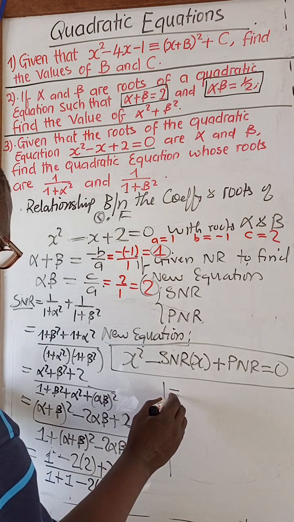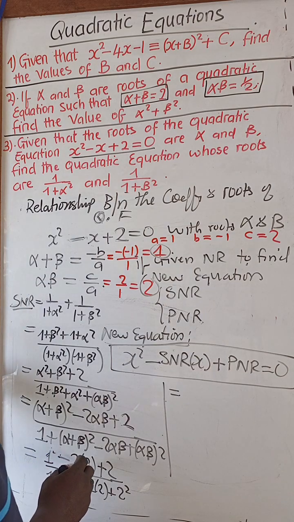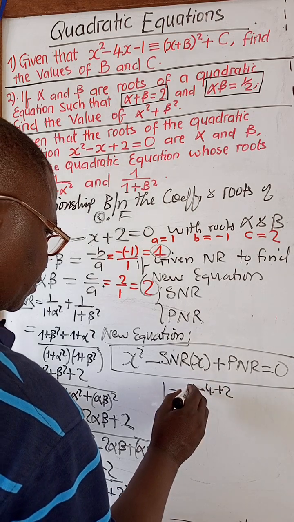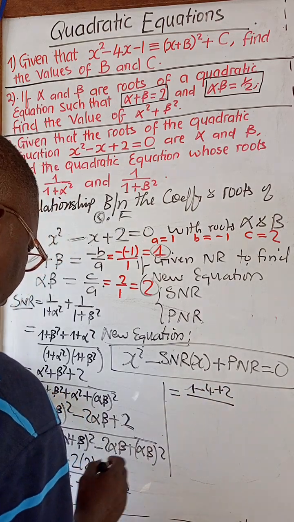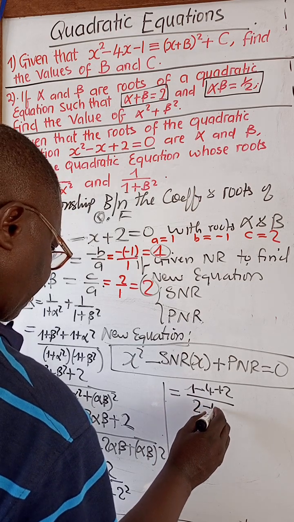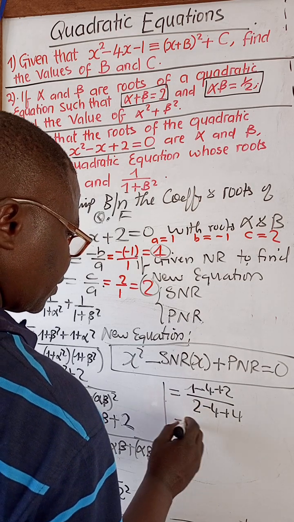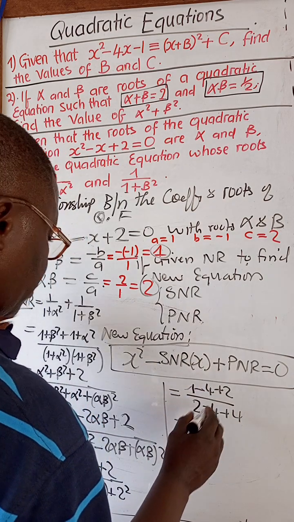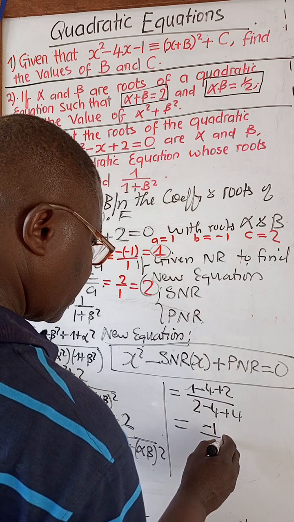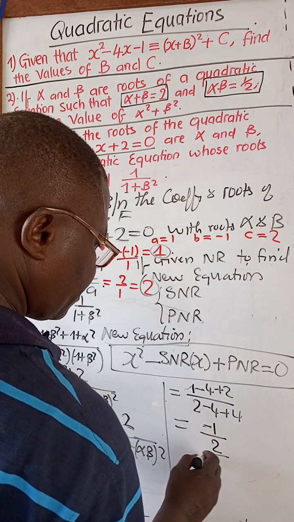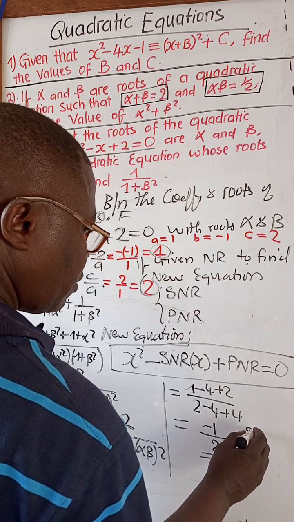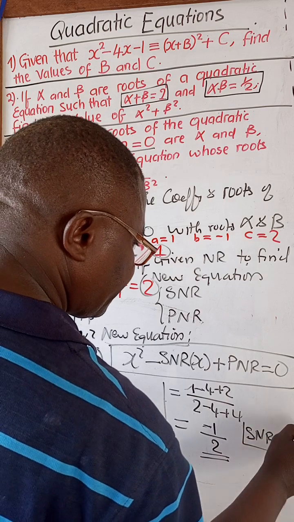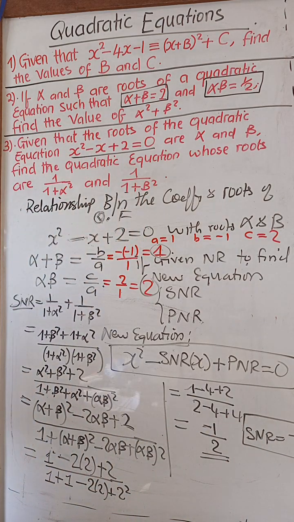Okay, so this gives us 1 minus 4 plus 2 all over 1 plus 1, which is 2, minus 4 plus 4, which is simply 1 minus 4 is negative 3 plus 2 is negative 1 all over 2. So sum of new roots gives us negative half.